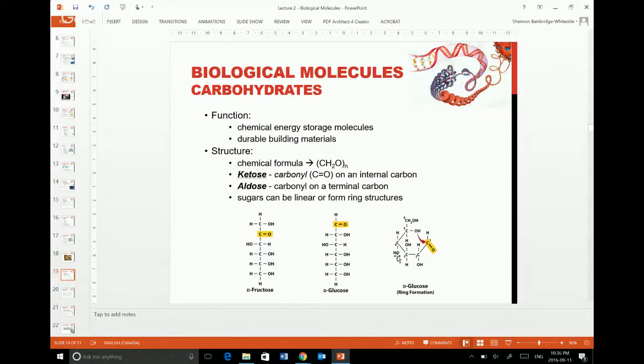So usually when you're talking about glucose and fructose, you're talking about a ring-like structure. That being said, you can absolutely get linear sugars in a biological system, and particularly in the case of diabetes, we see quite a bit of the linear sugars, which can cause a lot of problems in the functioning of a lot of normal proteins.